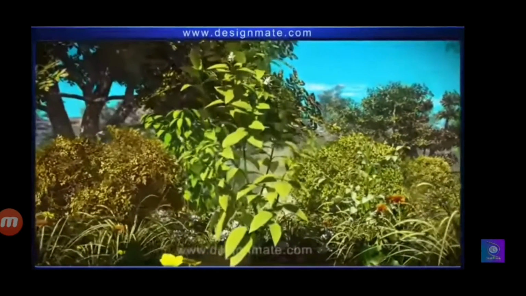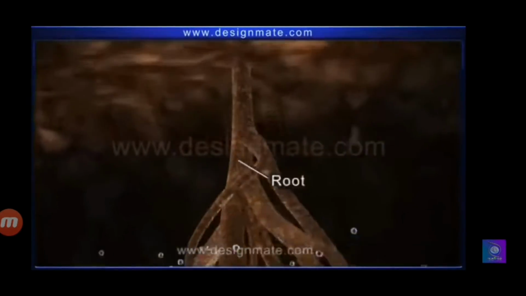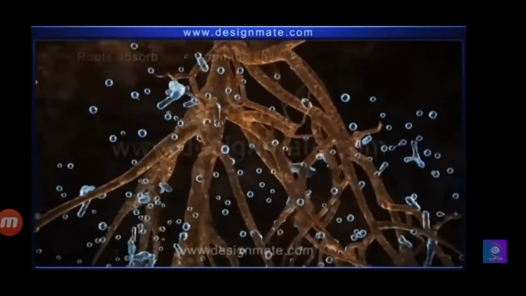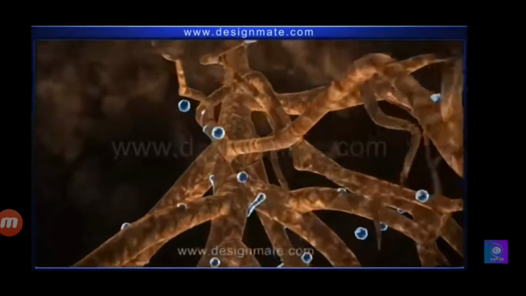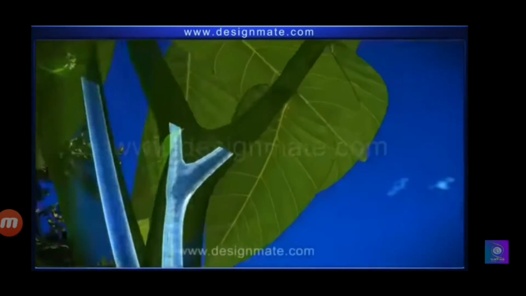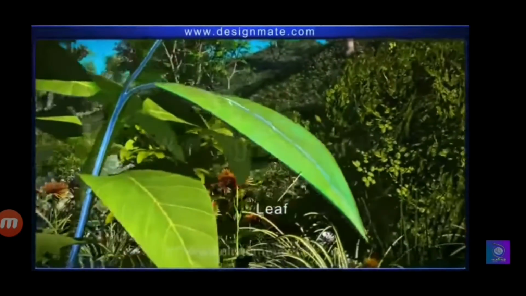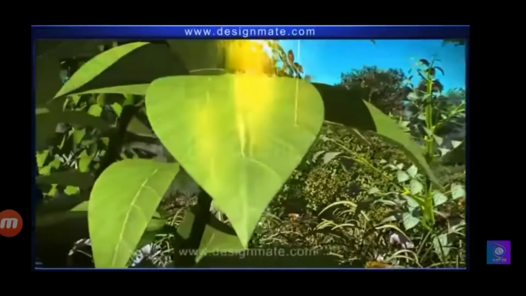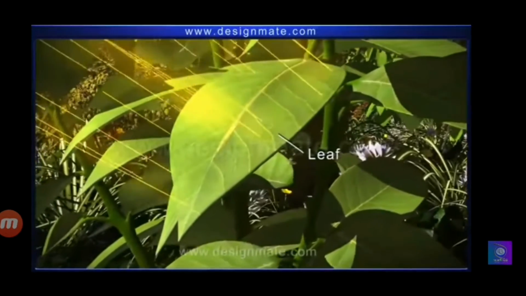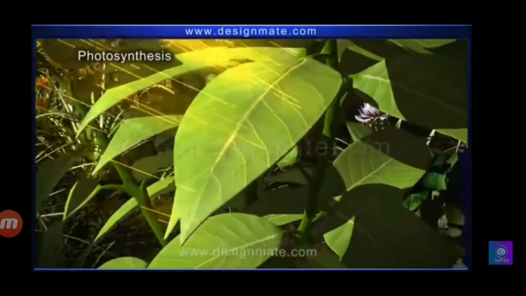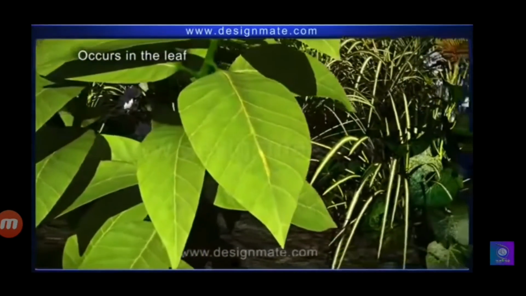If you look at green plants and go to the root part of the plant, the root absorbs water from the soil, and this water goes to the stem and finally reaches the leaf. Like that, it also takes light energy from the sunlight. So the leaf is a very important part for the photosynthesis process.